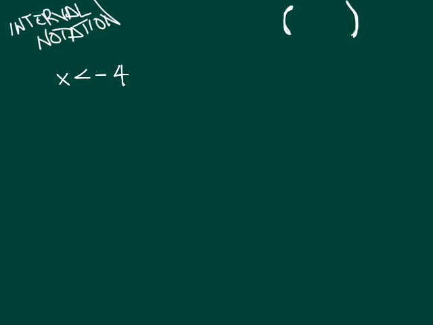Okay. Interval notation. What does the curve on the parenthesis mean that I have here? It doesn't include negative 4, right? So we put a negative 4 there. How far to the left does this go? Infinity, right?